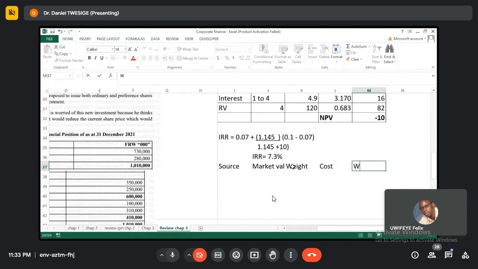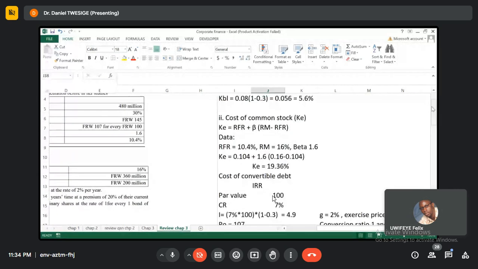And then my WACC. So the source I have is the bank loan. The market value is the same as the book value.